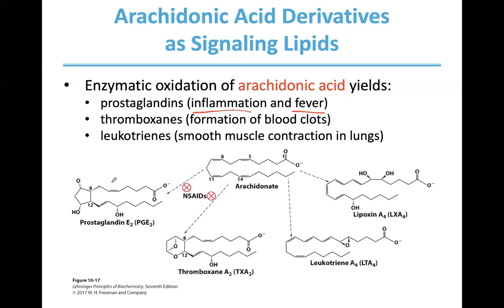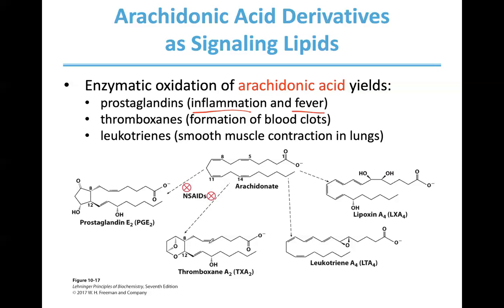And also not just the inflammation and fever, also pain. For that reason, for example, non-steroidal anti-inflammatory drugs, NSAIDs, right? So aspirin, ibuprofen, Tylenol, all these block the production of prostaglandins and block the pain response, for example, right?